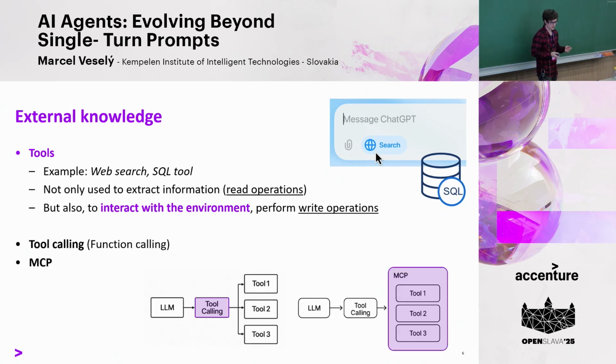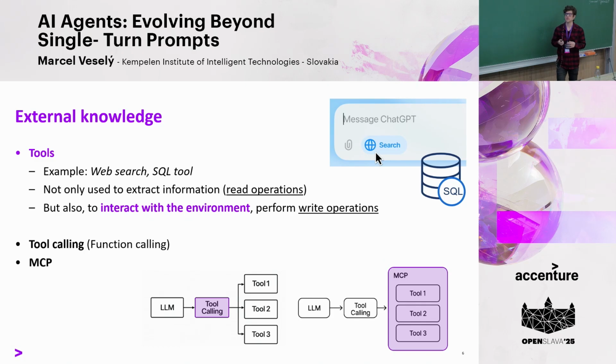So since we are talking about tools, two things are necessary to mention, and that is tool calling, or MCP. We will be talking about MCP later on at the end of this presentation, so let's now focus on the tool calling itself and what it is.